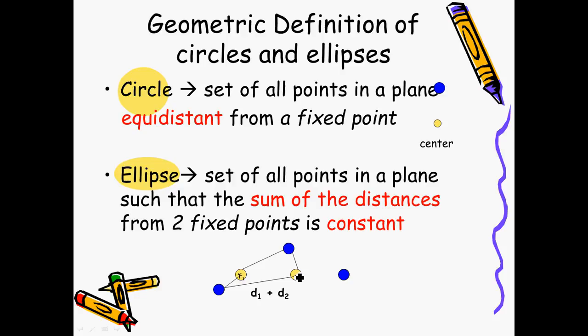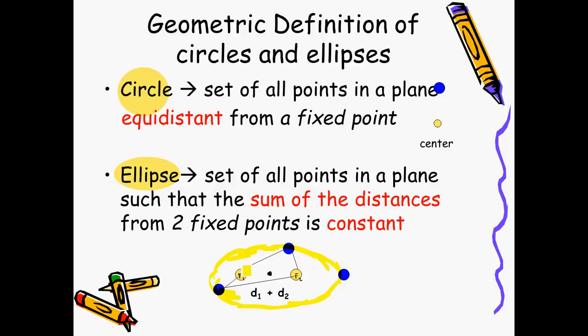Focal point 1, focal point 2. There is still a center halfway between, and the set of all points whose sum of their distances from the 2 focal points is constant form an ellipse.